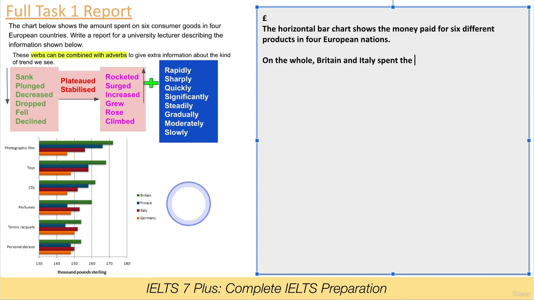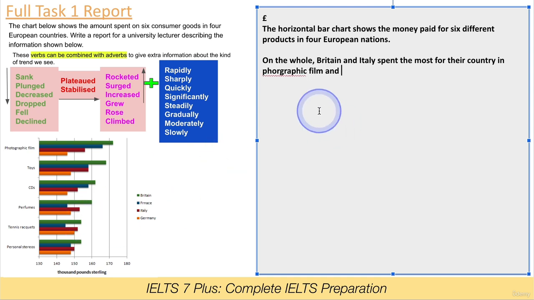Spent the most for their country in photographic film and maybe on photographic film and toys. The expenses, another word for how much was spent, the expenses decreased for the other items, perhaps.